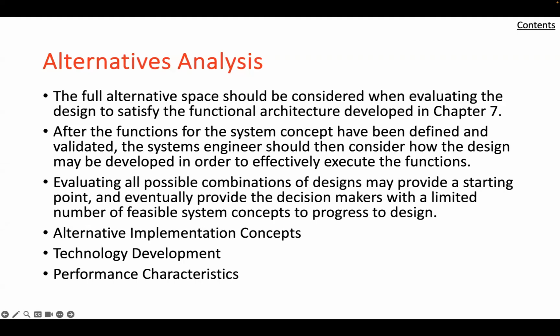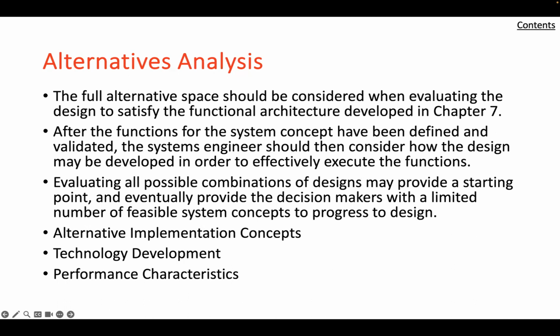Well, let's discuss alternative analysis. The full alternative space should be considered when evaluating the design elements. After the functions for the system concept have been defined and validated, the systems engineer should then consider how the design may be developed in order to effectively execute the functions.